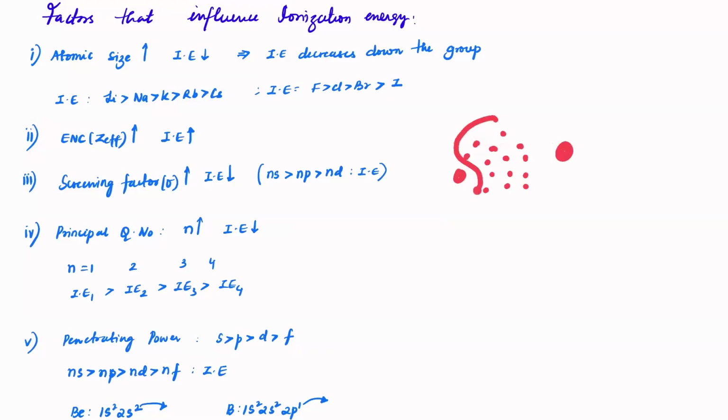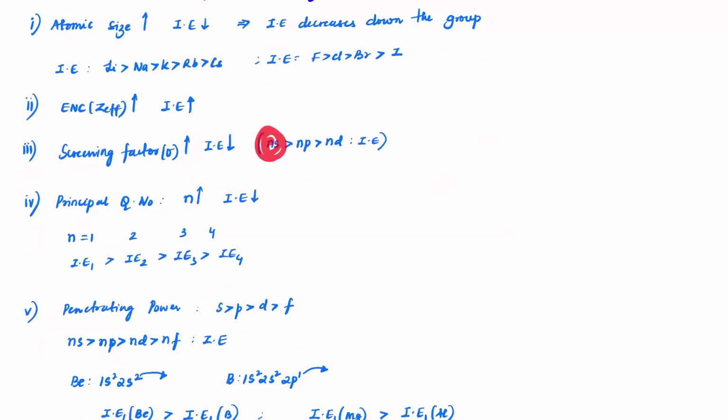The amount they shield is what we call the shielding factor or screening factor. If that factor is more, it is easy to remove the electron. Usually the electrons present in s orbital have a stronger screening than p orbital than d orbital, which is to say that if you have more s orbital electrons, the outermost electron is easy to remove.